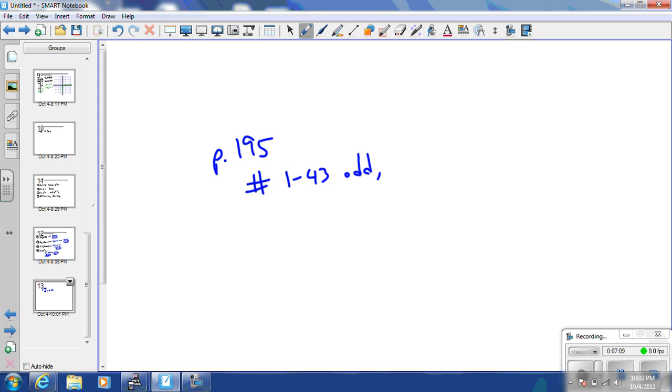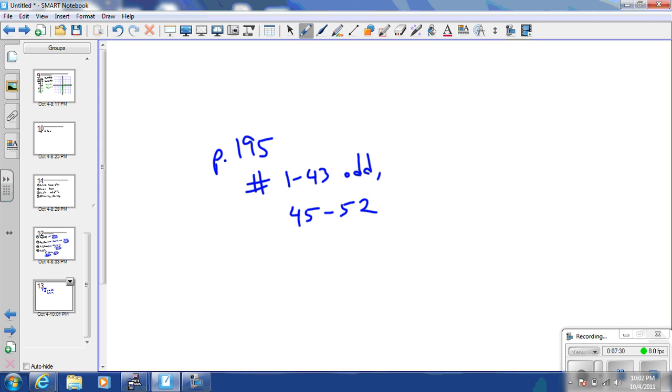Some of these are really quick. They're not all graphing or anything like that, but I know it's a lot of work, but you really have to make sure that you understand this. In addition to that, I'm giving you 45 through 52. There's 4 matching problems in that. Match the equation to the graph, just based on the shifting that I just mentioned to you right now.